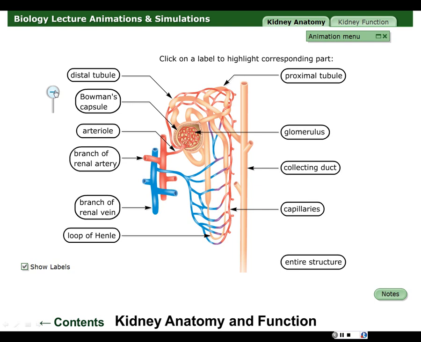Away from the glomerulus. This one on the bottom is the afferent arteriole, which is taking blood towards the glomerulus, which we can see is coming right off of the renal artery. So it's the first arteriole that goes to the glomerulus, which would be the afferent arteriole.